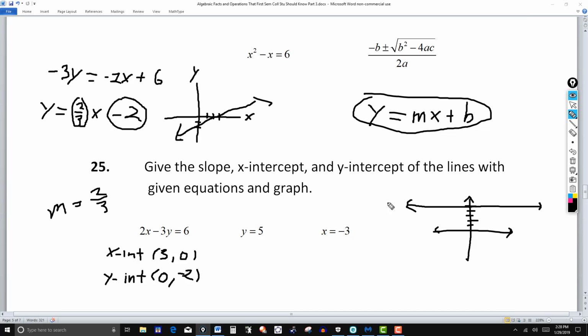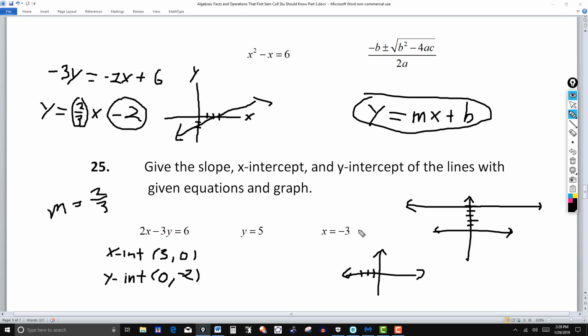Now for the next one, x equal to negative 3, that's the vertical line. There's no y because the coefficient is 0. So we plot negative 3 over here, and it's always going to be a vertical line.